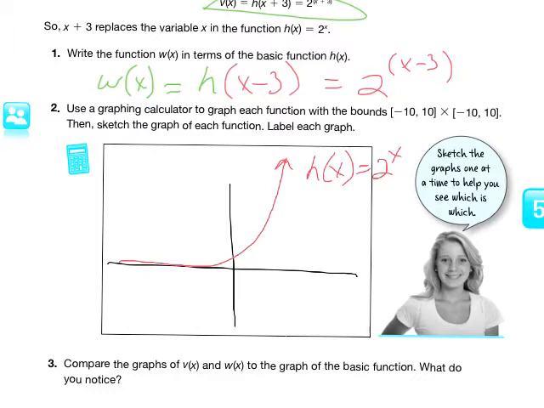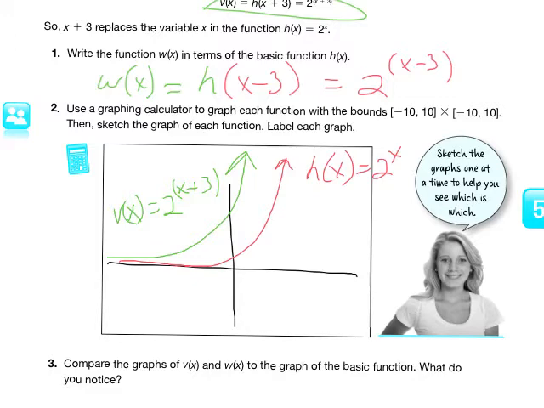Then I'm going to use green for the one that shifted to the left 3 units, v of x, which was 2 to the x plus 3. Notice that it says plus 3, but it's actually going negative 3 when it's graphed.